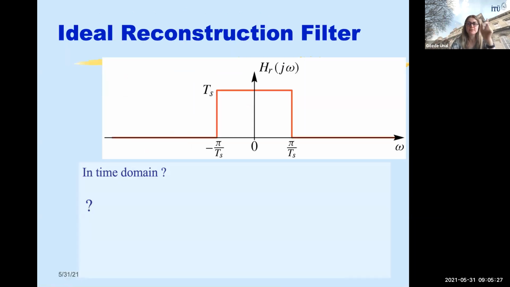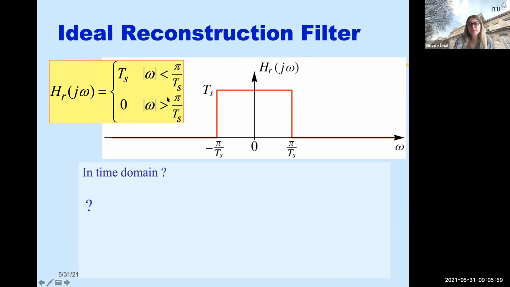That's the idea. But, okay, what is this ideal reconstruction filter before we go to actually aliasing or distorted version? Remember, here you should just maybe recall that a rectangular pulse in frequency domain is a sinc in time domain, and it's vice versa, right? A rectangular pulse in time is a sinc in frequency.